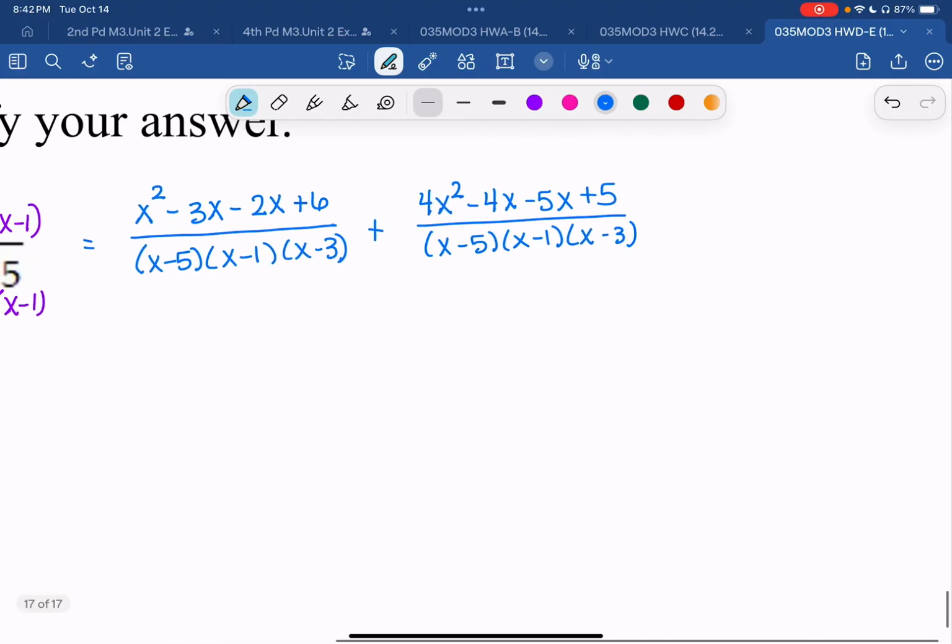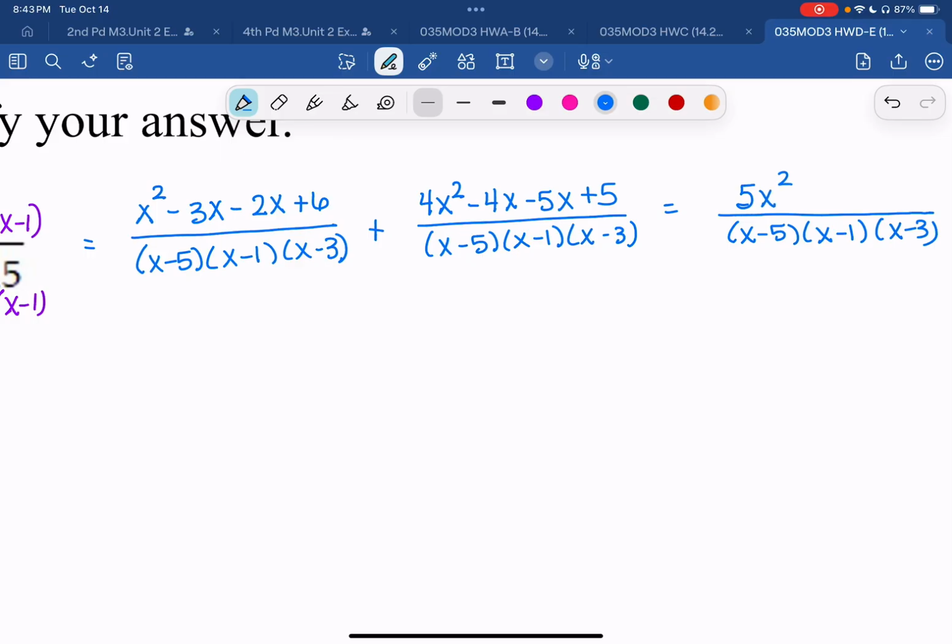Okay, now I can combine this into one big fraction. So my denominators are the same. So I can combine all of these. So I've got 5x squared. I've got, let's see, minus 3x, minus 2x, minus 4x, minus 5x.